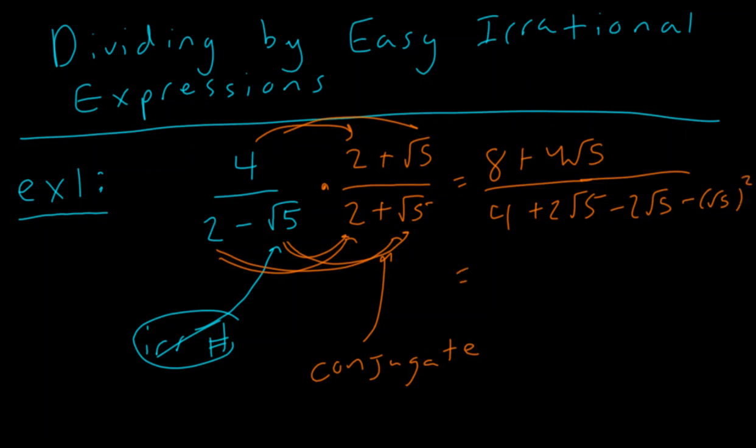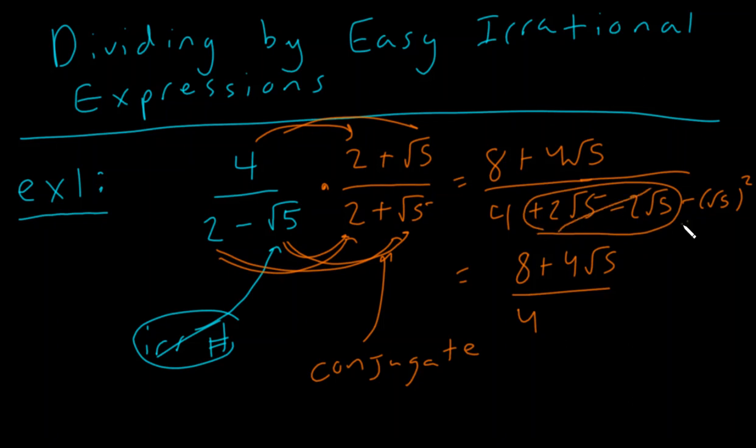So let's go through and start simplifying this. On the top, we have 8 plus 4 square roots of 5 all over 4. And look, plus 2 square roots of 5 minus 2 square roots of 5, our middle terms cancel out. And then over here, we have minus, and the square root of 5 and the square cancel, so minus 5.